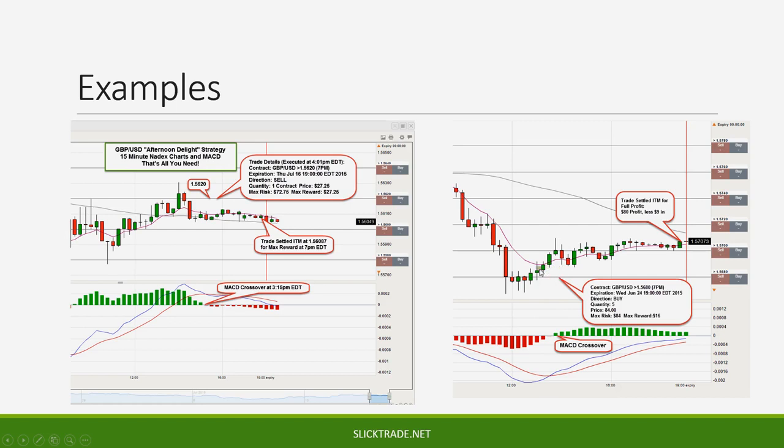You would have grabbed a strike here or below. The strike that was available was here at 1.5680, and he risked 84 for a max reward of 16. And at 7 p.m., the trade settled in the money for full profit.